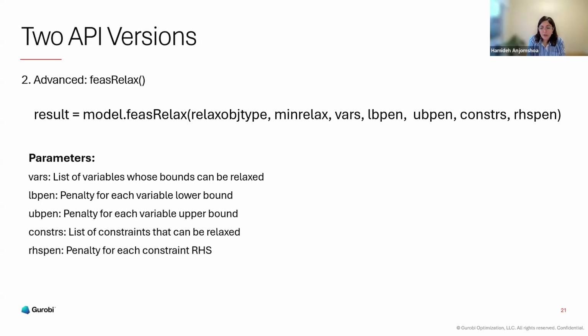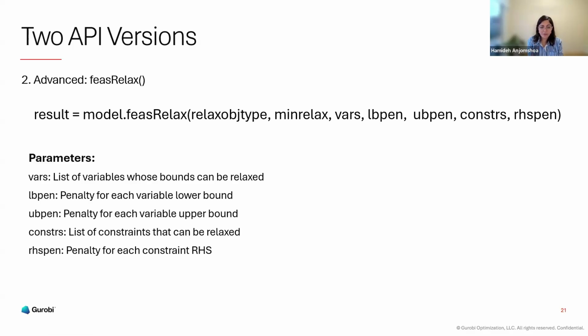The second API that exists at the moment in the Gurobi API is the advanced one. We have the same relax object type that I explained before in the simple one. The other thing is, sometimes you want to have control over relaxing.